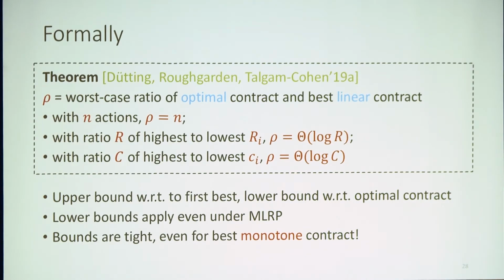Okay, and I should emphasize that we're thinking of this as a positive result because this model has various ingredients. So hoping for, say, a constant approximation guarantee across all these parameters is maybe asking for too much. What this shows you is that if you fix just one of the parameters, you get a tight approximation guarantee in that parameter.